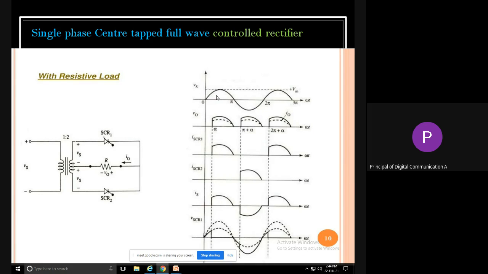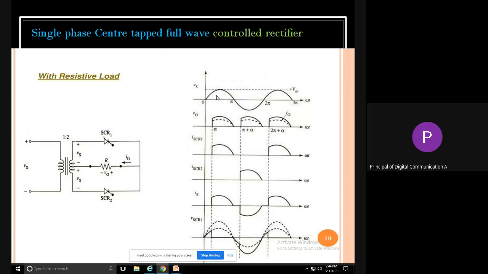This is how Vs looks. We concentrate on one cycle only so that we can explain in a better way. The first waveform is Vs. The second is VO, the output voltage, which is the voltage across the load resistor. How it comes about, we will discuss.